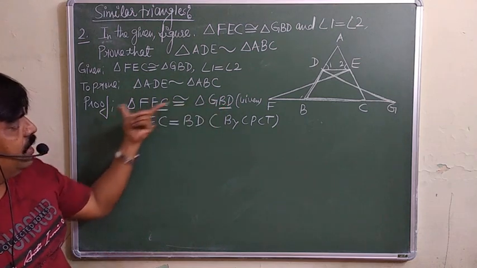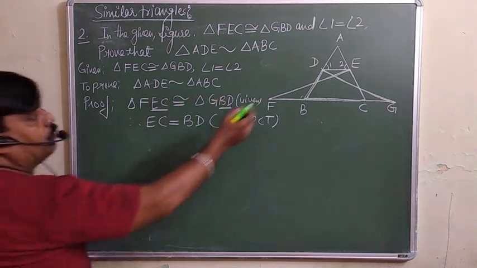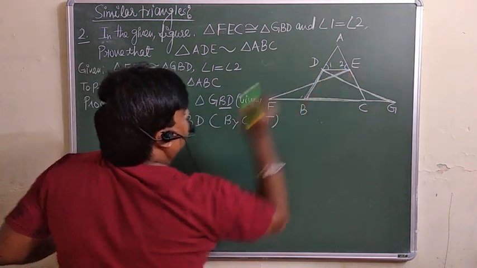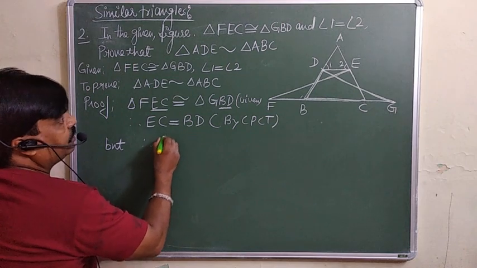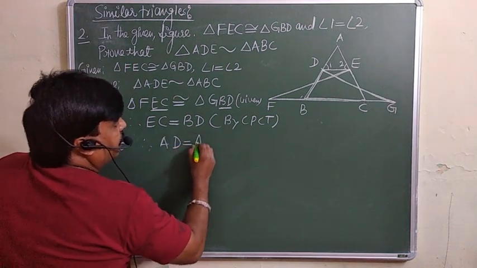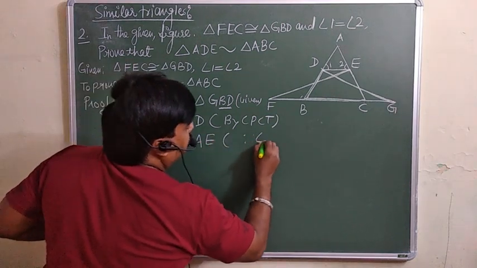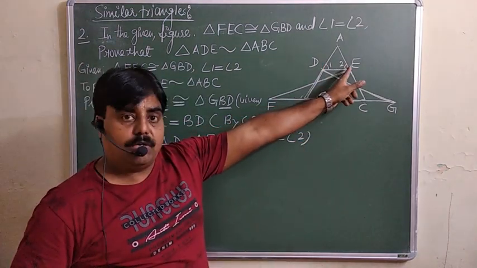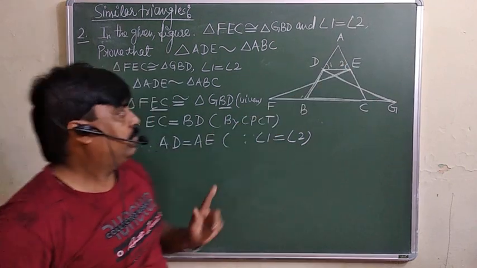And equal sides opposite angles will also be equal. Now, see, angle 1 is equal to angle 2 is already given, so therefore you can say AD is equal to AE, because equal angles opposite sides are always equal. So you can say this AD is equal to AE.